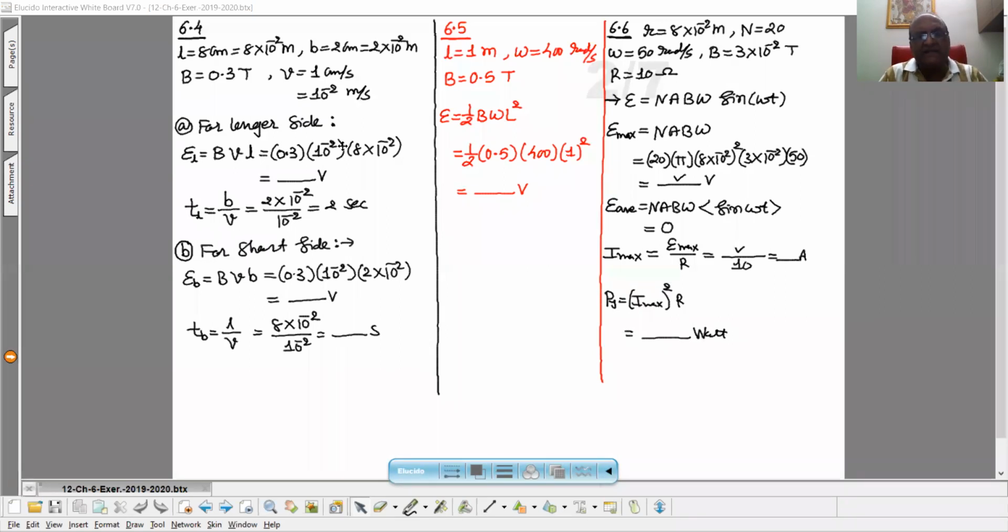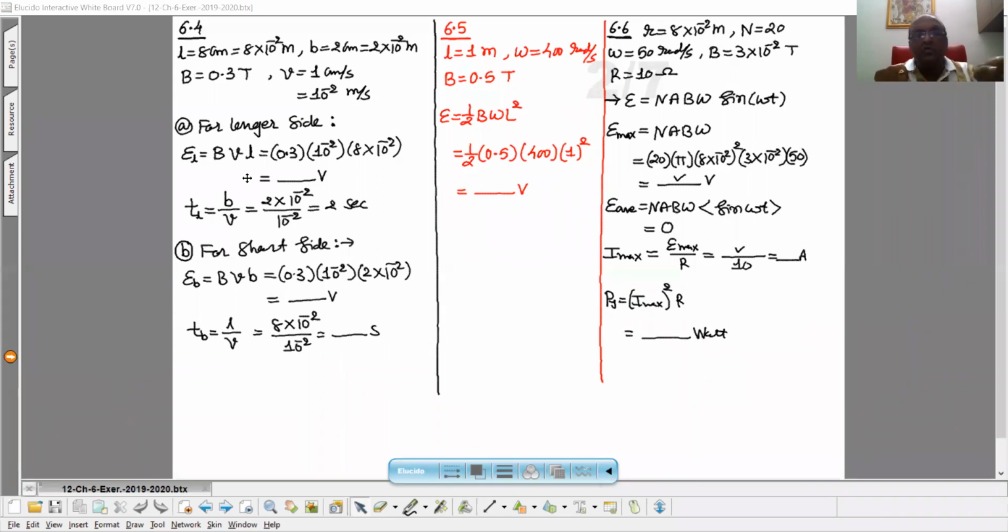Now for longer side, EMF induced is BVL, B is 0.3, V is 10 raised to minus 2, L is 8 into 10 raised to minus 2. So when the EMF is induced across the longer side, at that time it is moving perpendicular to the longer side.